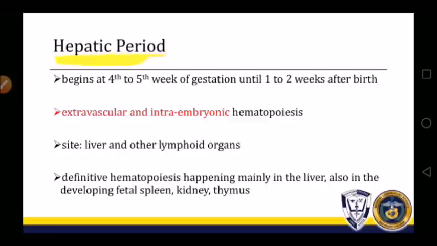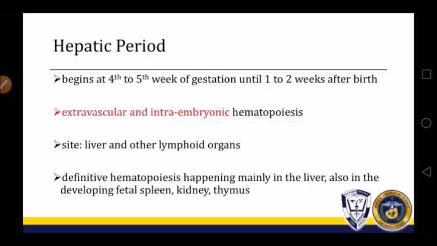The hepatic period of hematopoiesis begins at the 4th to 5th week of gestation until 1 to 2 weeks after birth. So, the hepatic period, in contrast to the mesoblastic period, is an extravascular and an intraembryonic hematopoiesis.